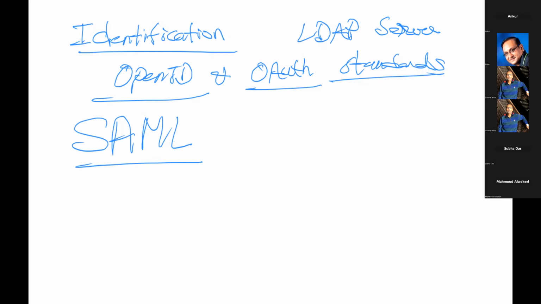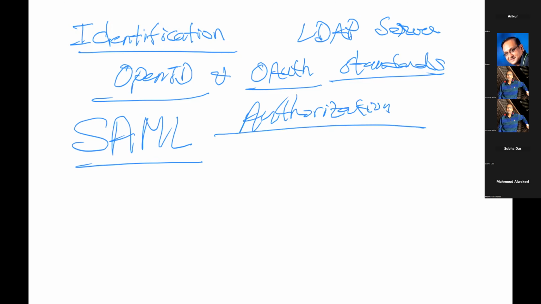The other topic is authorization. What you are allowed to do on the network. Of course, this depends upon your permissions, and it can be granular.